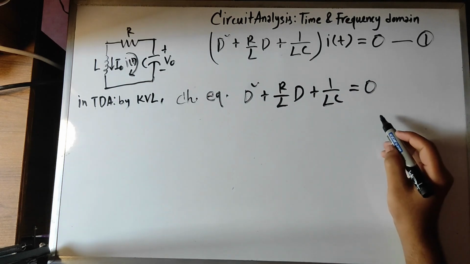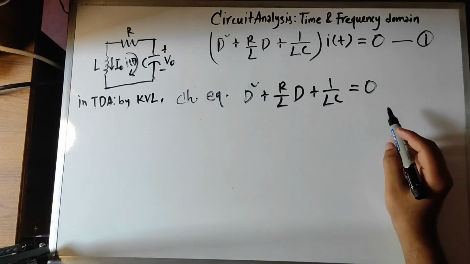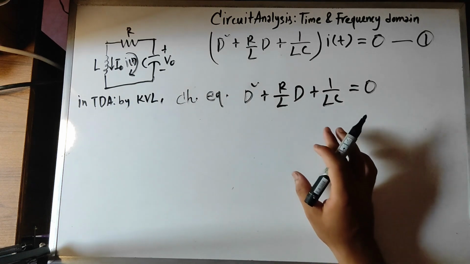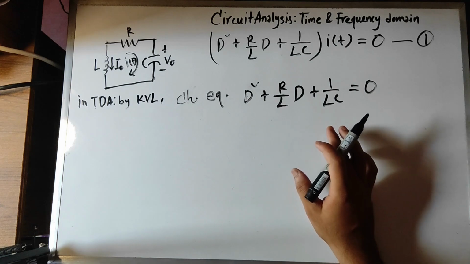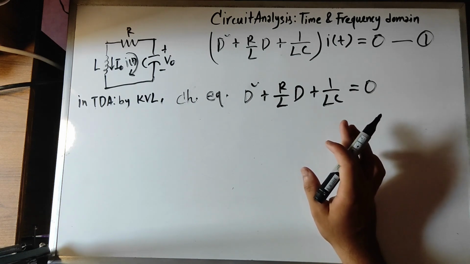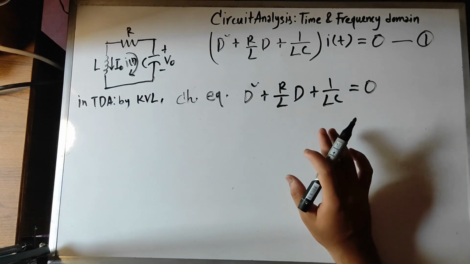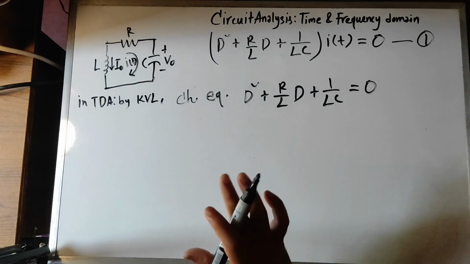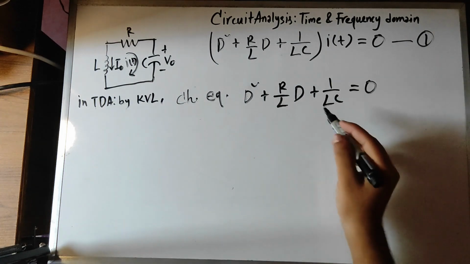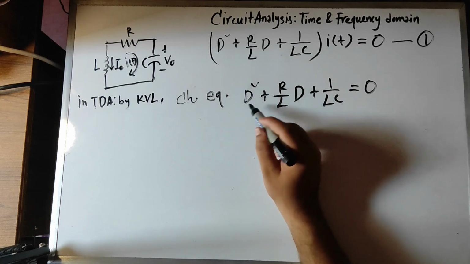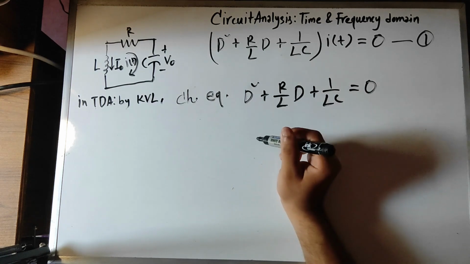This is the characteristic equation. Now we only have to find the roots of this characteristic equation, which are also called the eigenvalues, and from the eigenvalues we can find the complementary solution of this system, hence the transient response of the circuit. This is a second order equation.